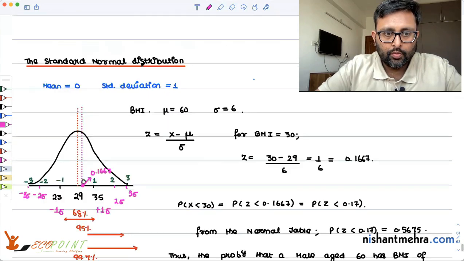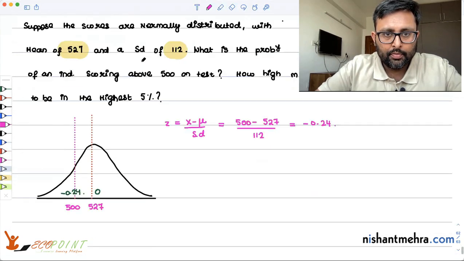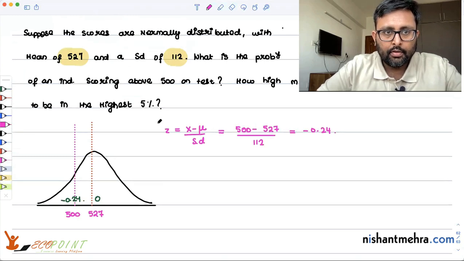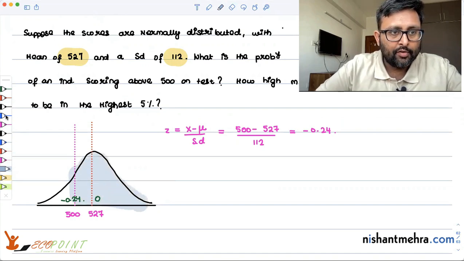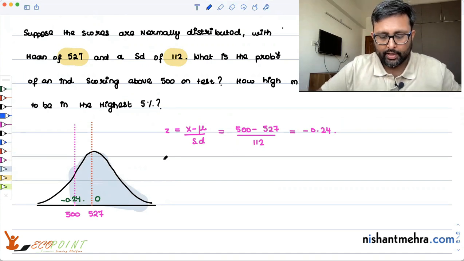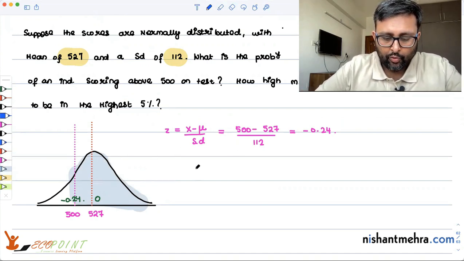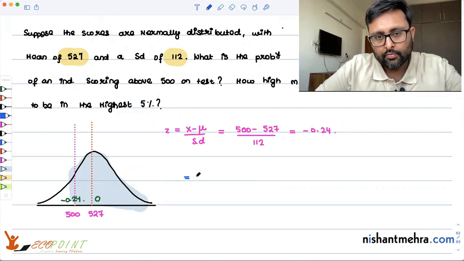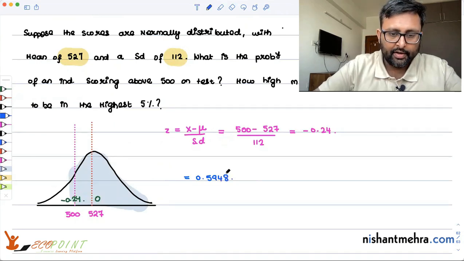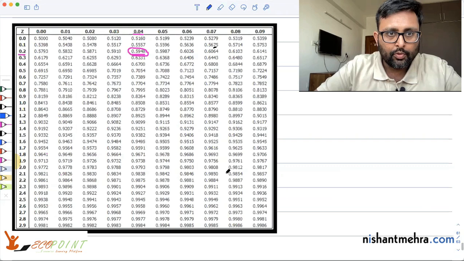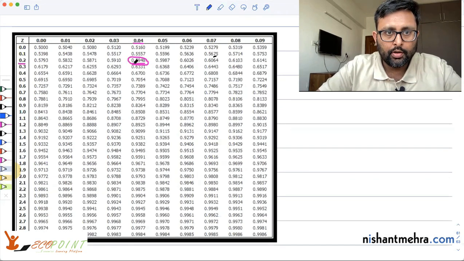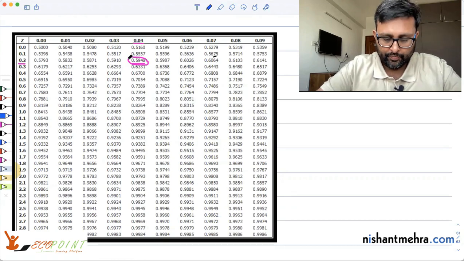So what is the probability of an individual scoring 500? That is above minus 0.24. I have found out from there, this comes out to be 0.5948. Let me just show you once more. Yeah, 0.24, 0.2, and from here you'll pick up 0.04. Fair enough.